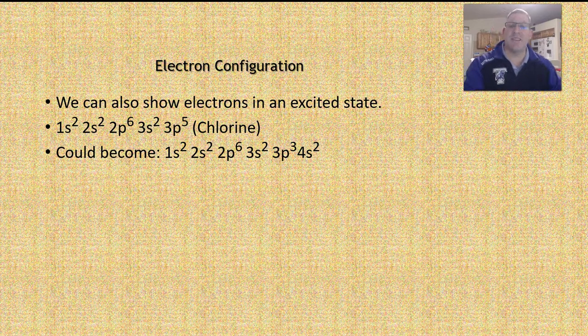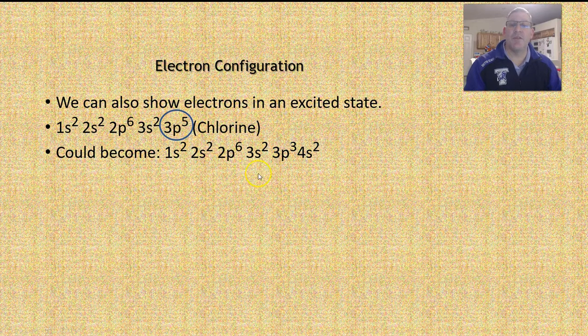We would still have the same number of electrons unless we supplied so much energy that we removed the electron from that atom. But if we only supplied a little bit of energy, that electron would still be intact with that atom.